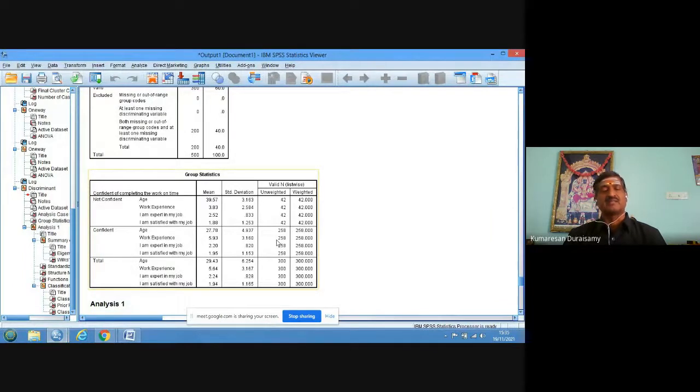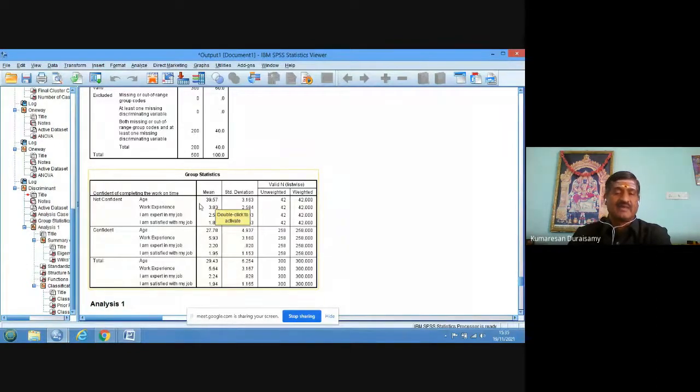258 employees are confident that they will be completing the task assigned to them within the specified time. Now look at the mean age. Those who are not confident have an average age of 39.57 years.